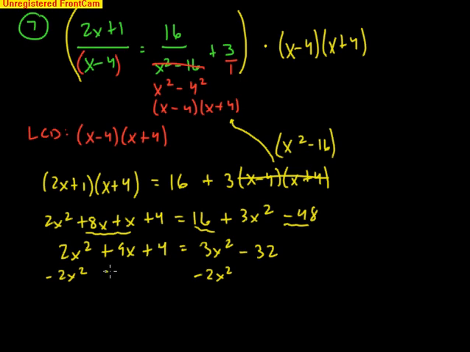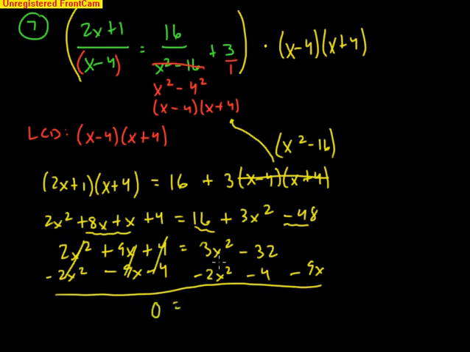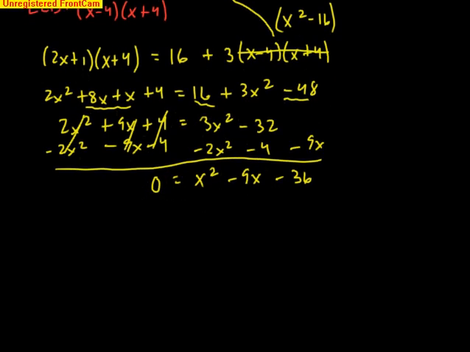Subtract 2x², subtract 9x, subtract 4. So over here, we get 0. And on the right side, 3 minus 2 is 1x². Nice, no 8, I like that. Then put your x next, minus 9x, and then negative 32 and negative 4 is negative 36.